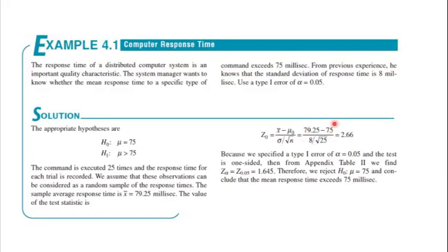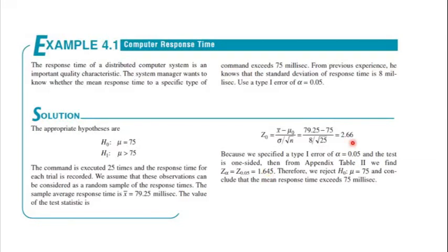And then, after nun, isasolve lang natin yung value ni Z, where we can get naman yung value as 2.66. So, based dun sa table natin, if we have yung Z of 0.05, we have the 1.645. And then, nakuha natin based dun sa computation ng Z is 2.66.